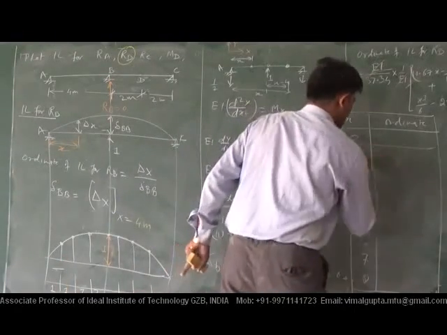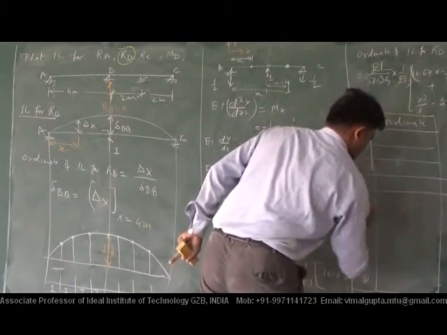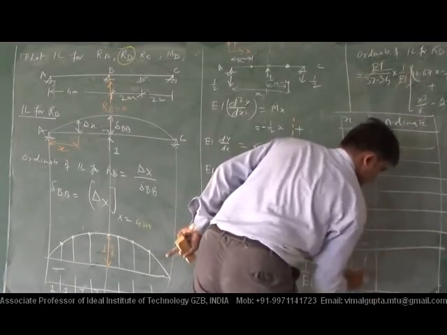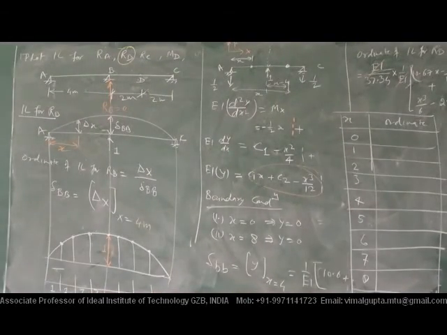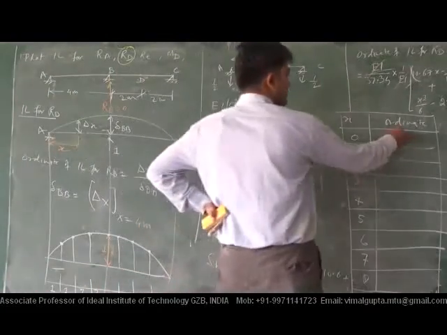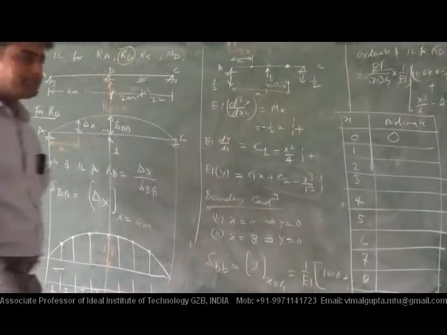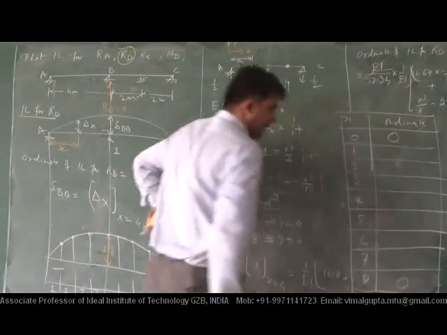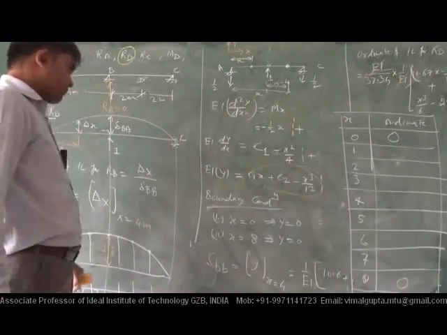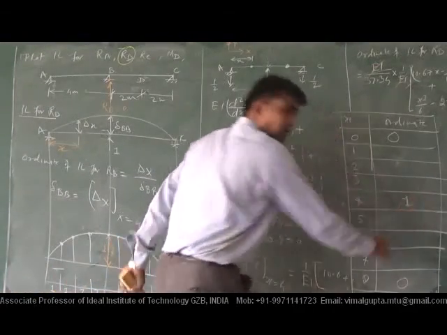Tell me the ordinate values. At x is equal to the first one, it will be 0. This one is 0 and this one is 0, that I know. And at x is equal to 4, this one I know.